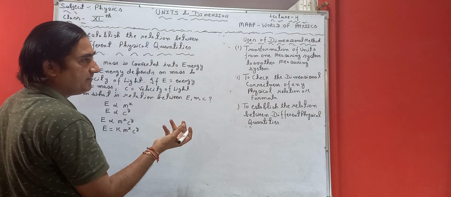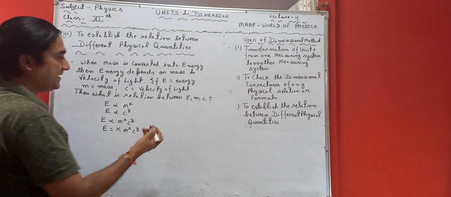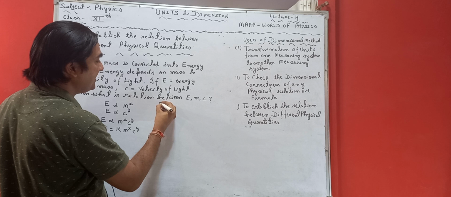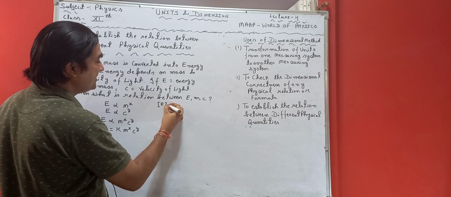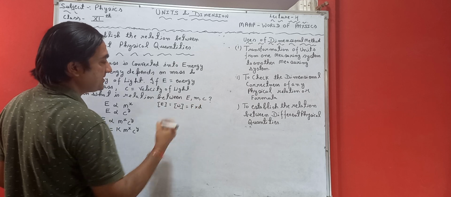We can say work and energy are the same. There is a well-known statement that work and energy are the same, so the dimension of energy is the dimension of work. And what is the dimension of work? It is force multiplied by displacement.